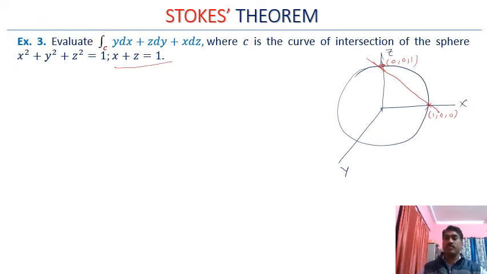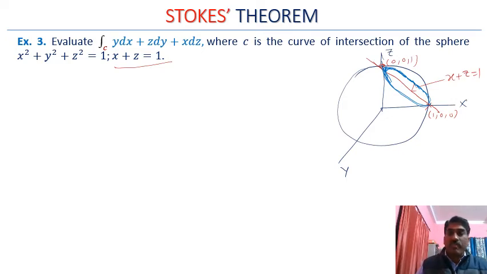So this is the plane, and the equation of the plane is x plus z is equal to 1. So what is the bounding circle? When the plane cuts this sphere, you will again see a circular part here. So this is the bounding circle that I have marked here in blue.